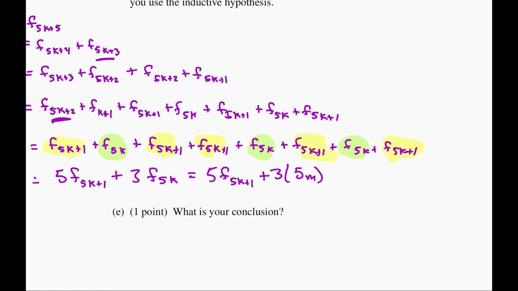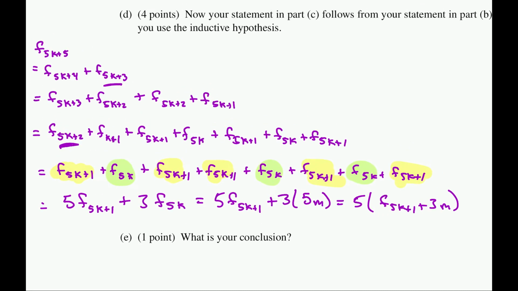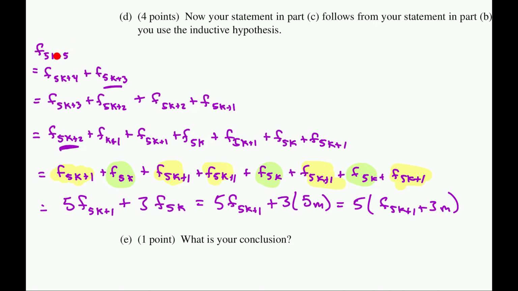Now both of these have a 5, so you can factor out the 5 and have f(5k+1) plus 3n. This clearly shows that the f(5k+5) is 5 times an integer, so this is divisible by 5.